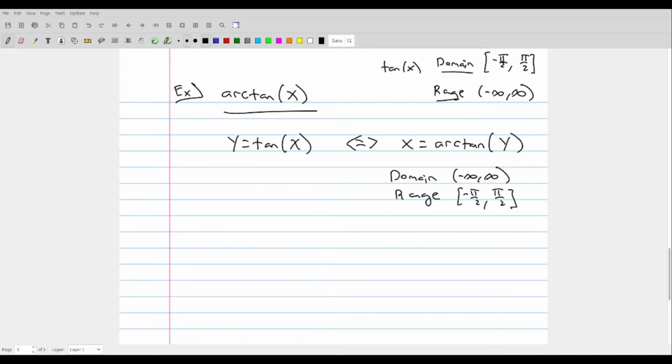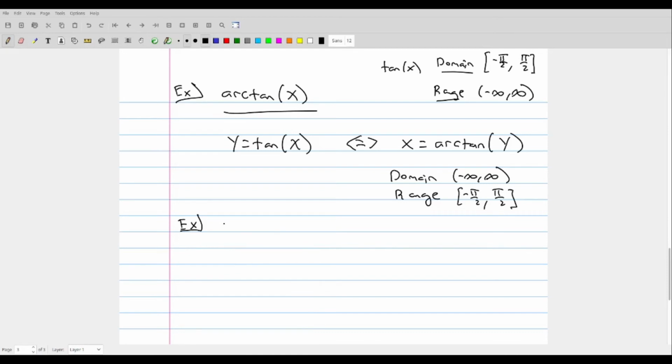That'd be a very good idea to verify to yourself that you can calculate the domain and range of those inverse functions as well, because all of them show up in various applications, and definitely if you move on to, say, a calculus course, these are functions that are going to be very, very important.